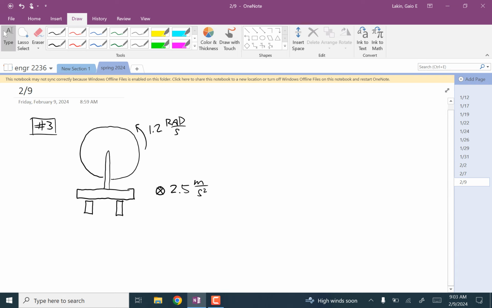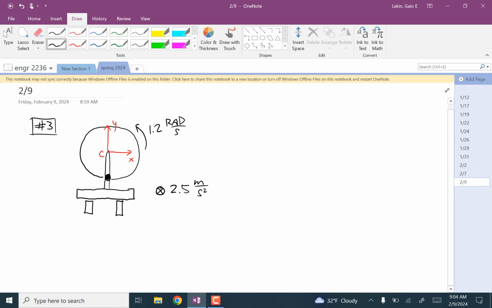Well, what if you put a coordinate system here? Let's call this coordinate system C for the center of that circular motion. Then to calculate the acceleration of this point down here as it moves around, you would use the watermelon equation.